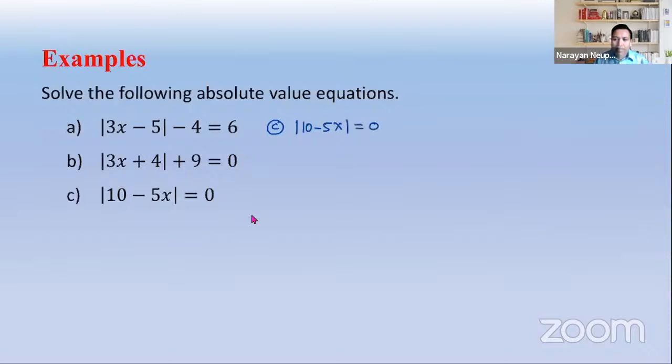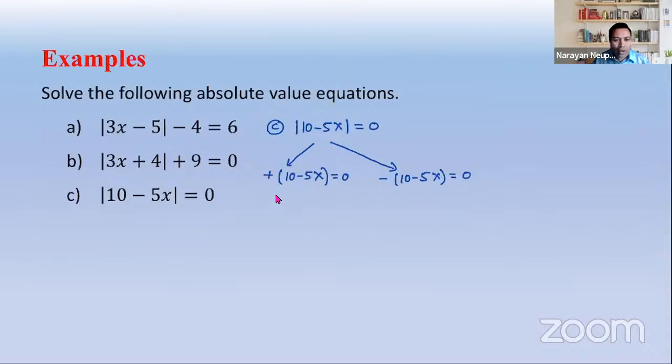If it is already in the standard form, you can just write two equations from here. The first equation is positive 10 minus 5x equal to 0. And the second equation is negative 10 minus 5x equal to 0.